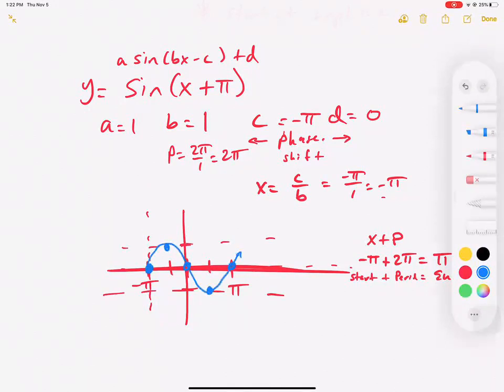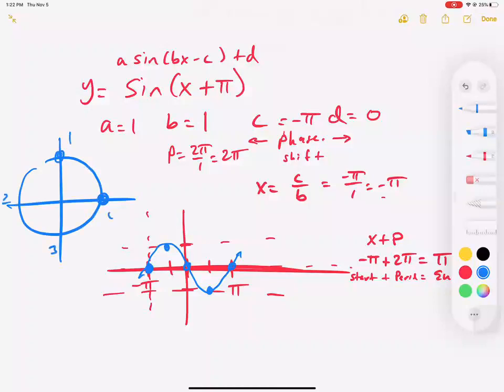Why? To repeat this, these are the y values of a circle. So look at a circle. If I start at 0, when I go to my first point, call that 1, 2, 3, and 4, okay? To go to 1, we went up, then back down to 0, then negative 1, then back up to 0.